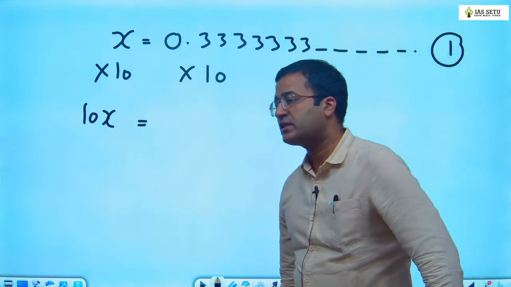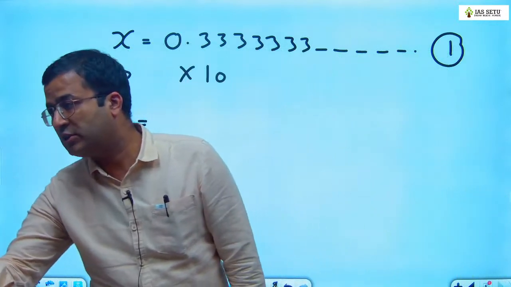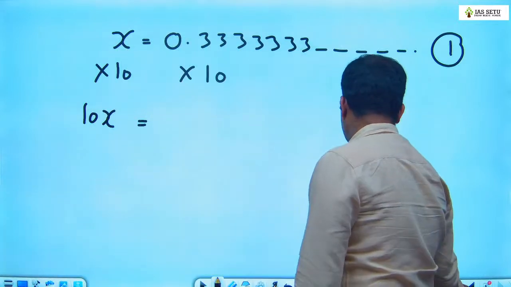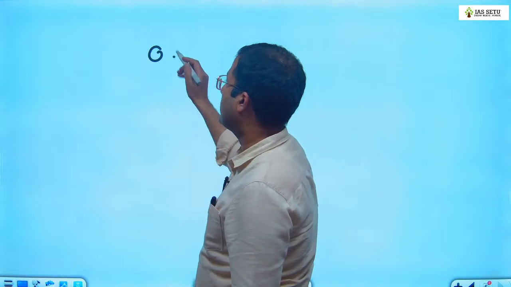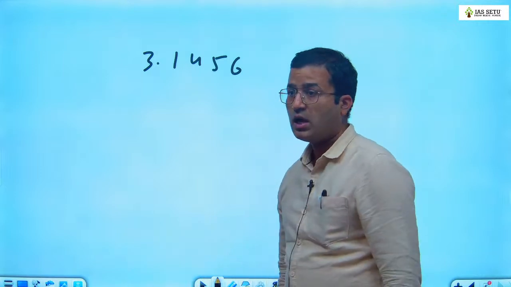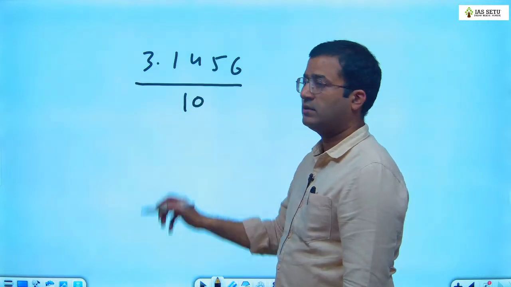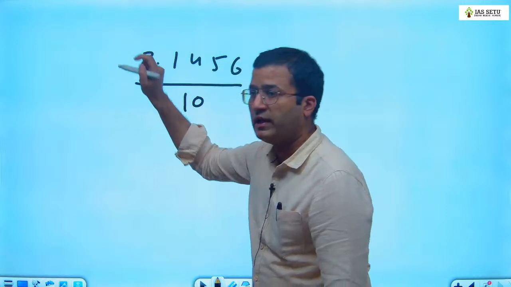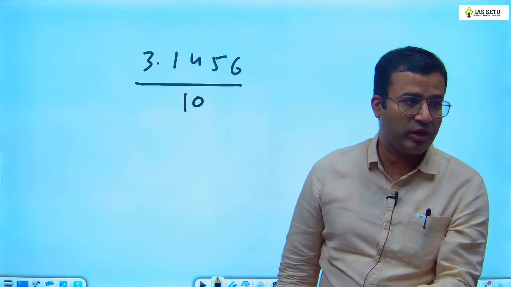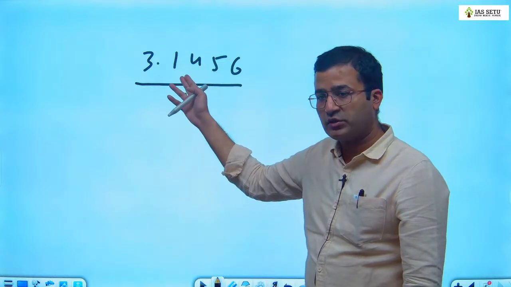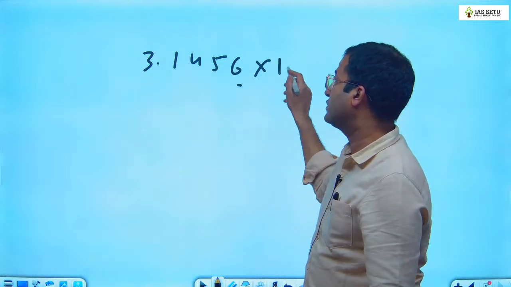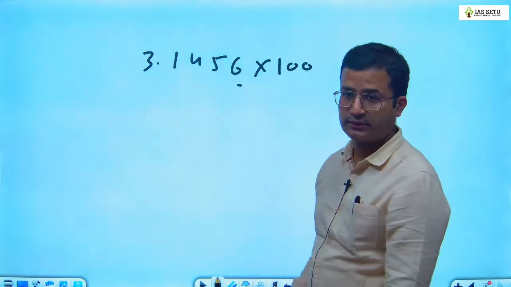If you multiply a decimal value with 100, your decimal will shift two places to the right side. इसी तरह if there is a decimal value like 3.145 and you have to divide it by 10, then your decimal will shift to the left side. अगर divide करेंगे तो decimal left में shift होगा. If you multiply with 10, it will shift one place to the right side. If you multiply with 100, then your decimal will shift two places to the right.